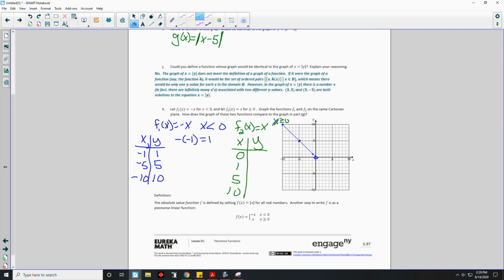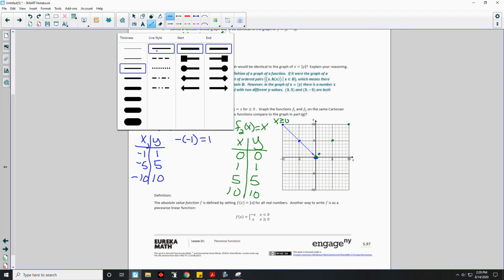So f sub 2 of x equals x, so y equals x. That's all that's saying. 0, 0. Now I shade this in because it's on the green side. 1 comma 1, 5 comma 5, and 10 comma 10. And then I draw a line segment with a ruler.